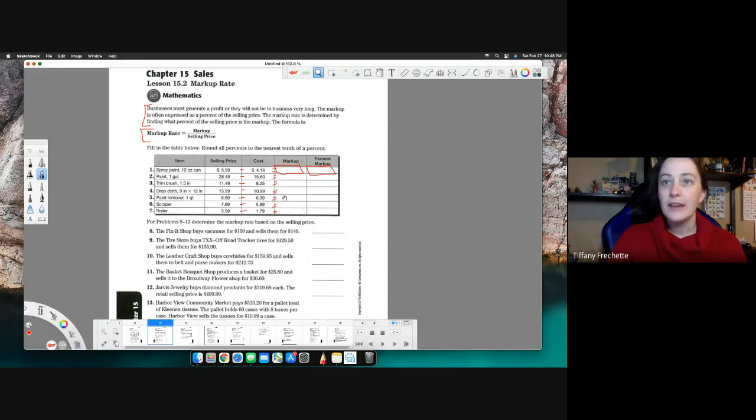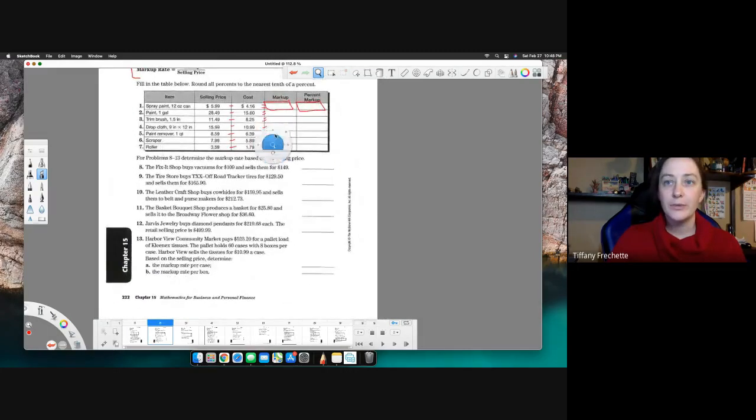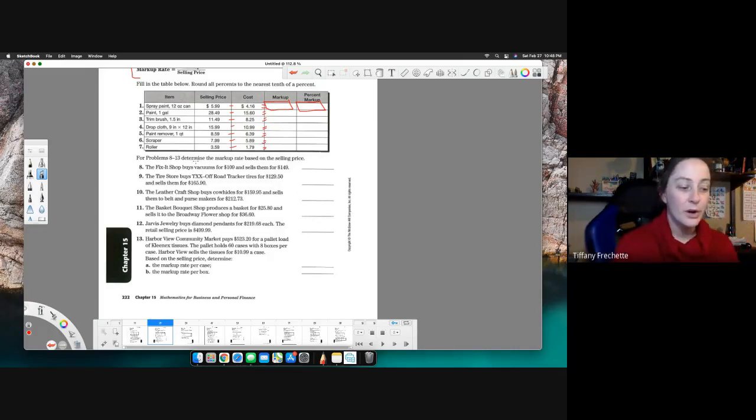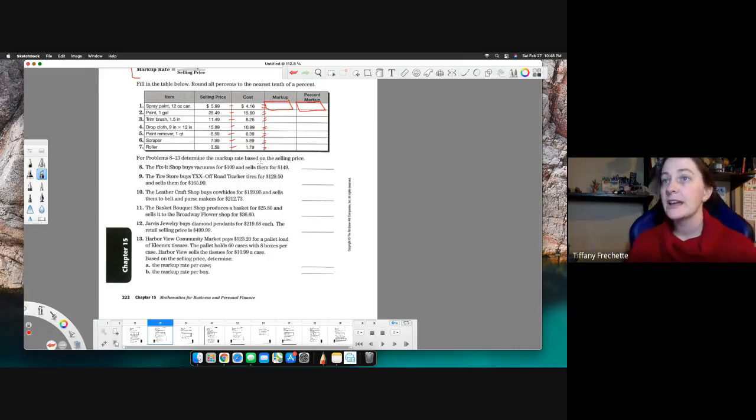These next two problems here, 8 through 13, they want us to determine the markup rate based on the selling price. So it's pretty much the same thing we just did in the table, just they're giving us a tiny little bit of story. So the Fix-It shop buys vacuums for $109 and sells them for $149.